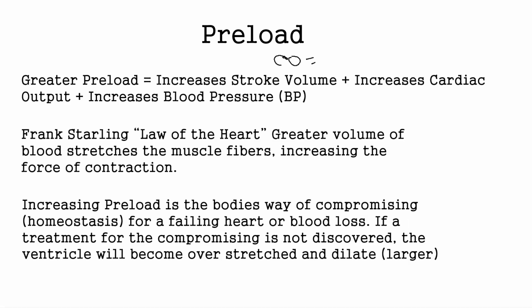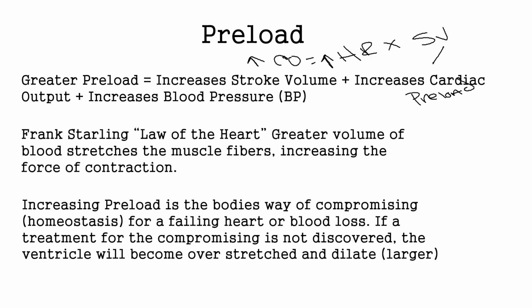Cardiac output is equal to heart rate multiplied by stroke volume. Inside stroke volume, we said preload is one of them, right? And so that's what that means. If we can increase heart rate, we will increase cardiac output.